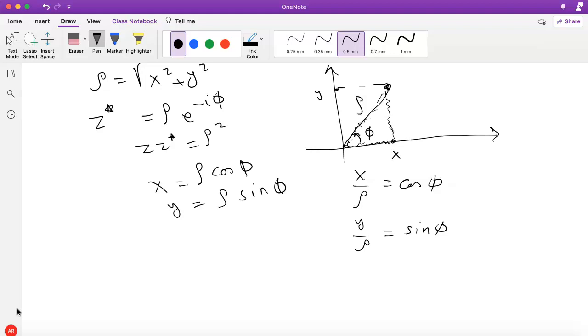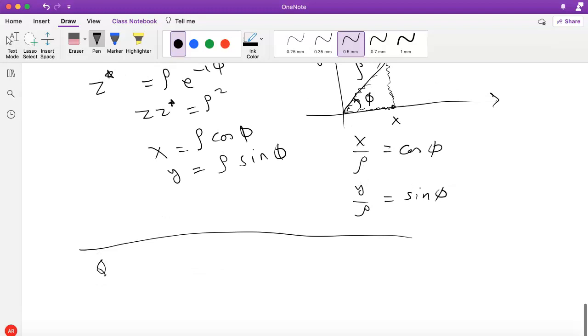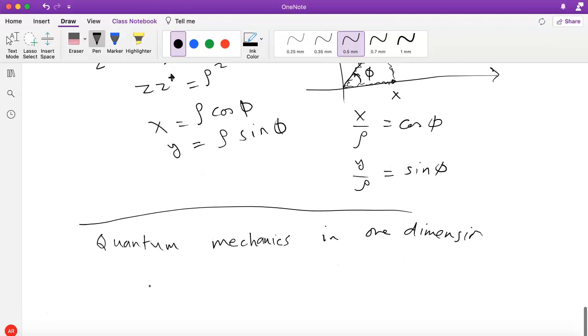All right. So let's do maybe one quick example. I want to focus on quantum mechanics in 1 dimension. Okay. So let's say we have a particle described by a certain wave function.